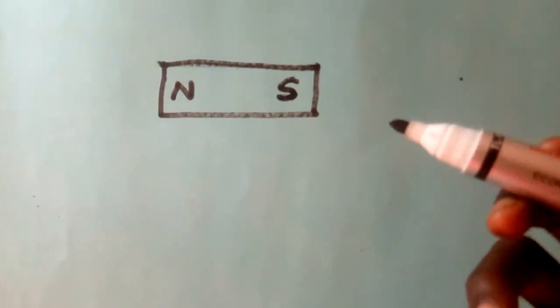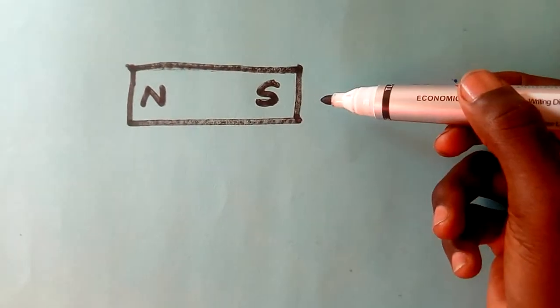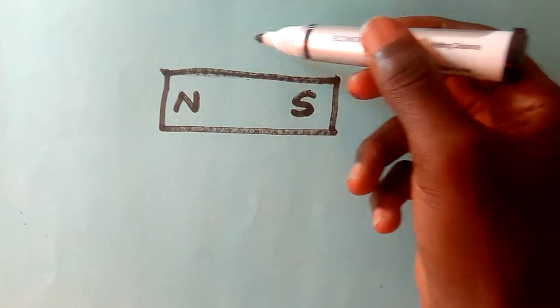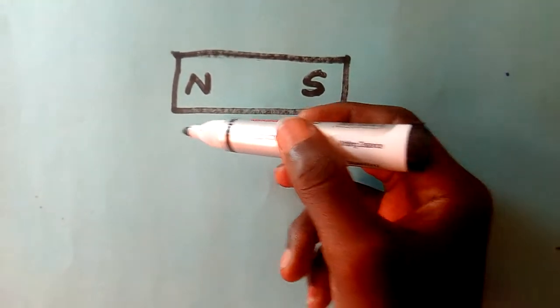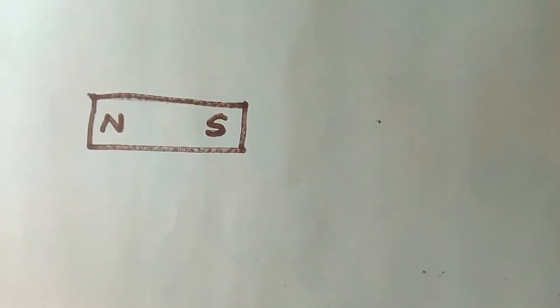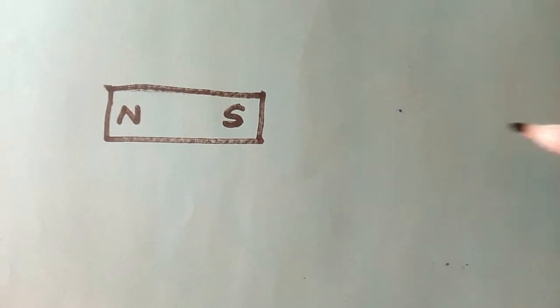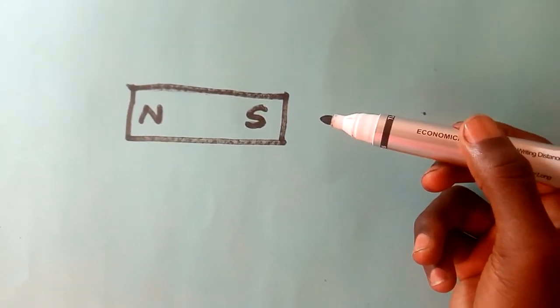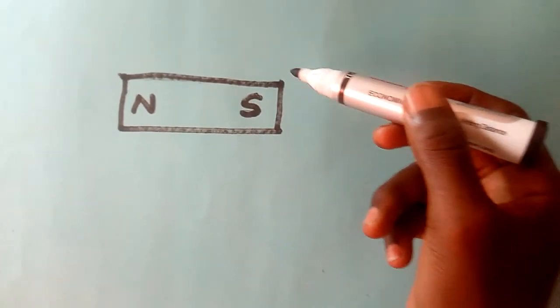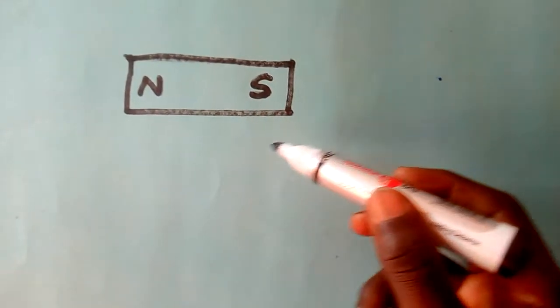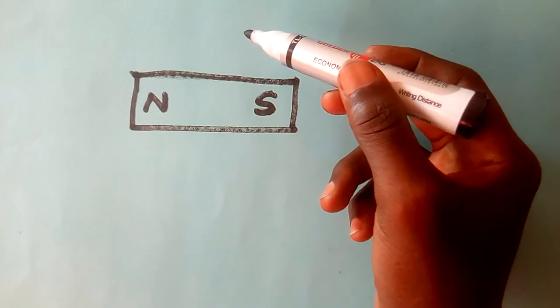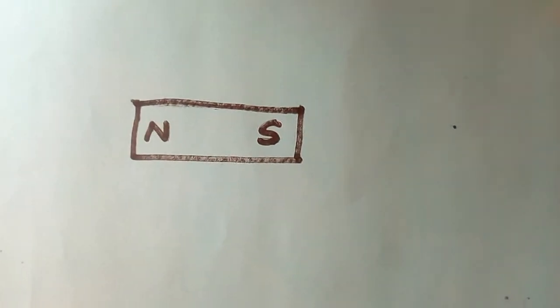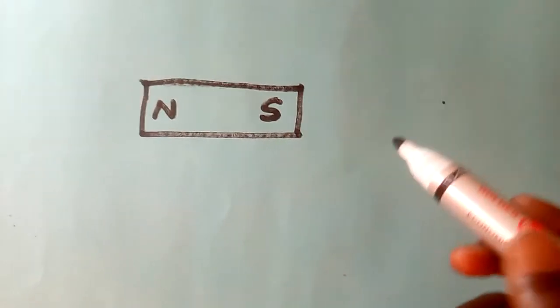When you bring a piece of iron nail around here, near, not very far, it will be attracted. But if you bring it very far, like here, it will not. Why? Because it is outside the magnetic field. But here, it is within the magnetic field, which means the magnetic field is a region just around the magnet. And within that region, there is a force which will be attracting. A magnetic force is experienced.